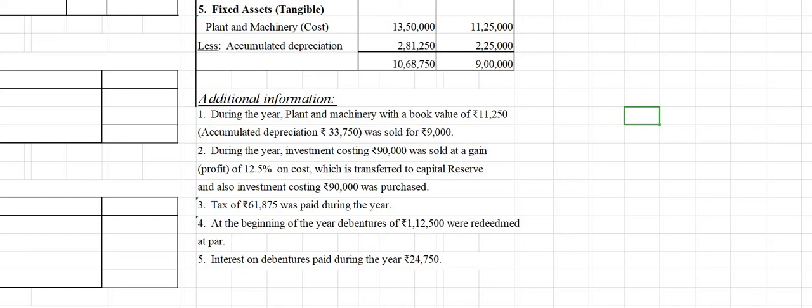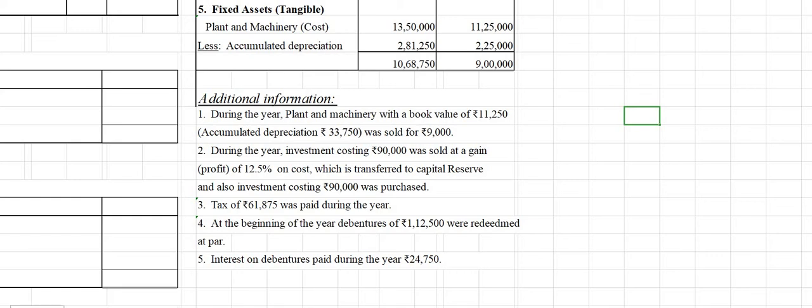Then another one, during the year investment costing rupees 90,000 was sold at a gain of 12.5% on cost, which was transferred to capital reserve. And also investment costing rupees 90,000 was purchased. That also is given. So anyway, we will see that also.